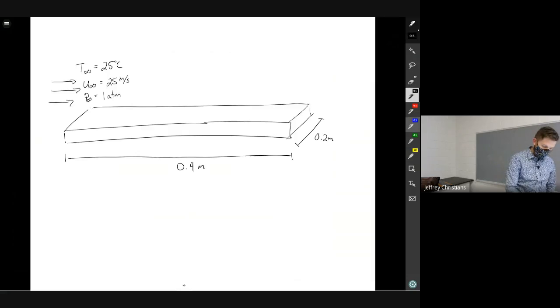This had a surface temp of 230 degrees. And we calculated H for this problem if this gas was air.